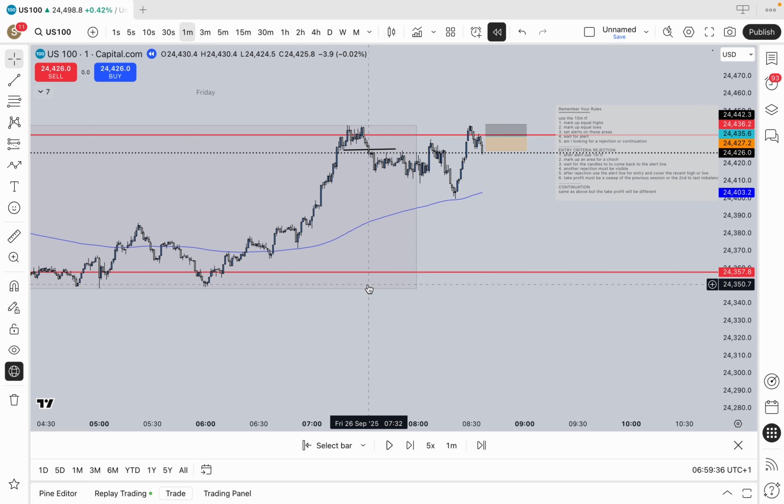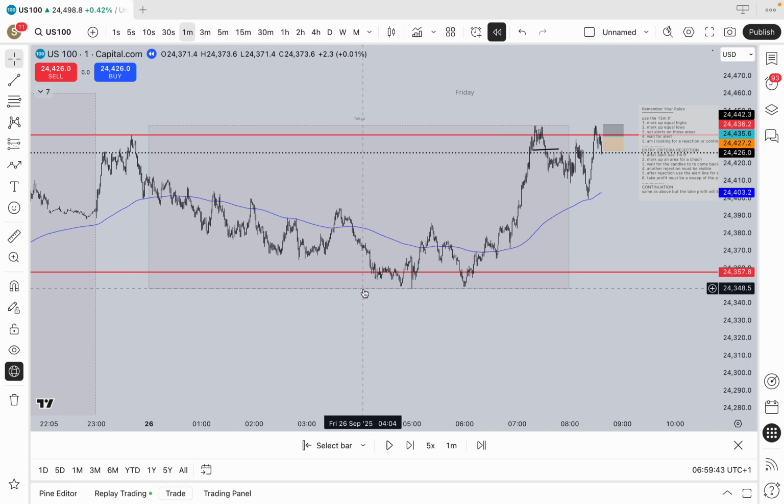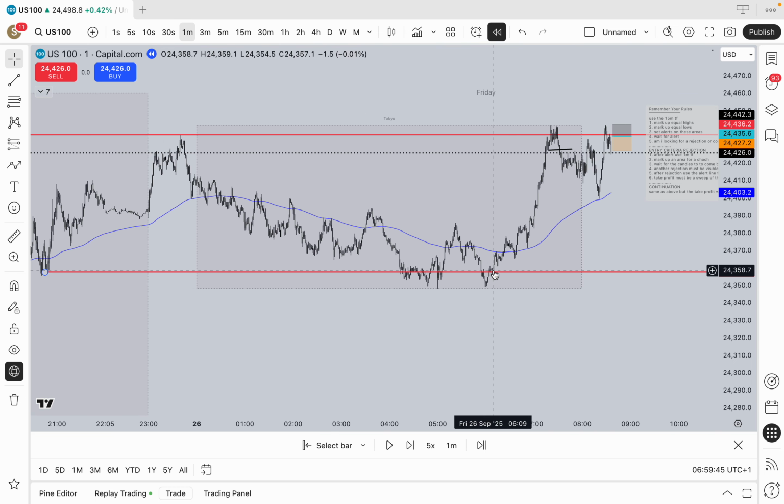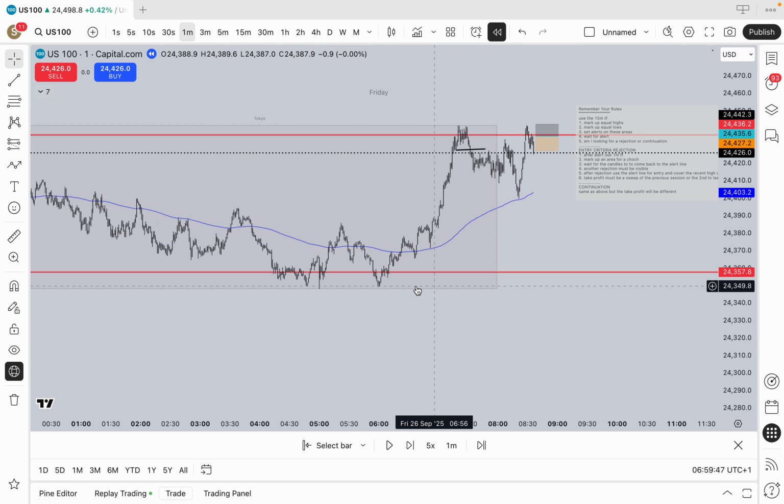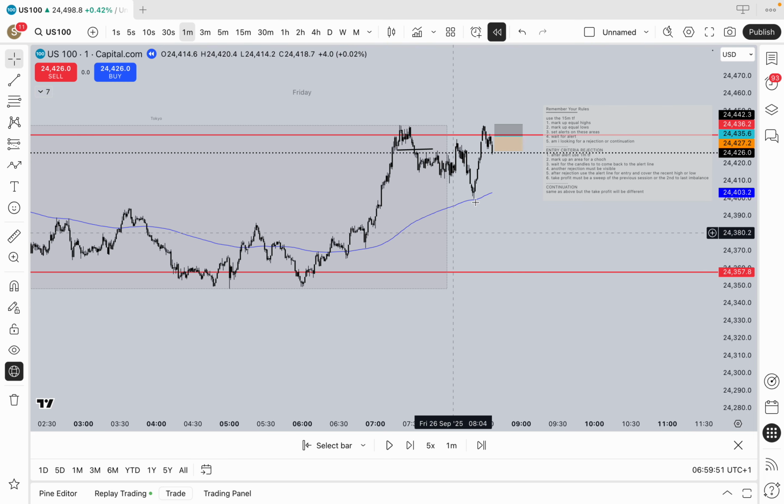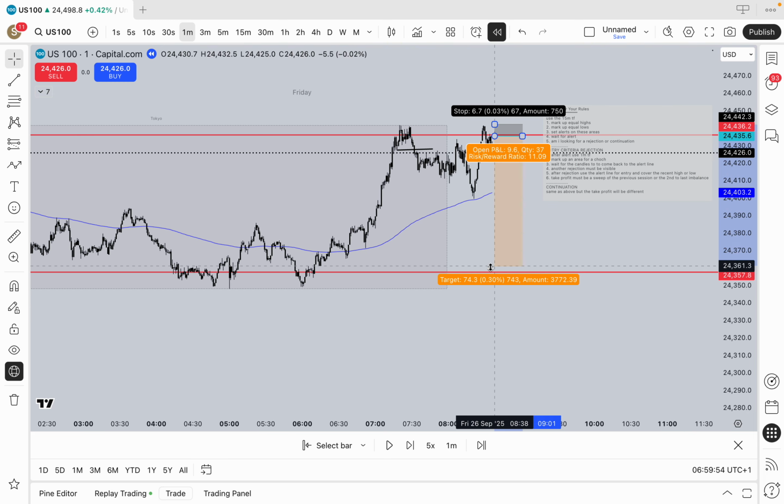So here we have the Asia session. Now we can either target this to be our TP, or we can go for this imbalance. Nope, that's one. This is the second. So what we're going to do on this one is we're going to target the session, I think. Let's see what this gives us.